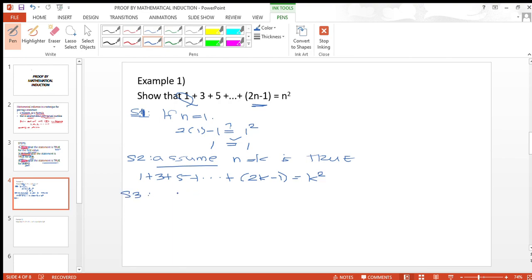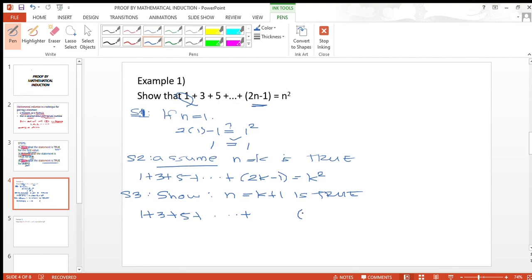Step 3. So what will be done in step 3? Step 3, we have to show that n equals k plus 1 is also true. We have to prove this. If n is equal to k plus 1, we get 1 plus 3 plus 5, dot, dot, dot, plus our last term with n as k plus 1.